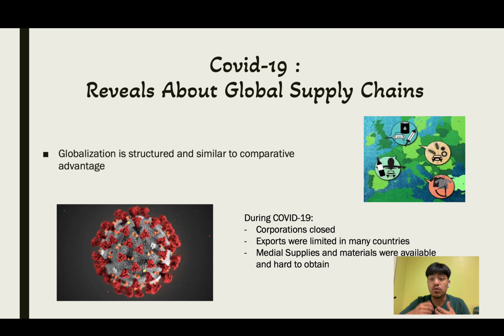Exports, like nutrition, clothing, and objects, were limited in many countries since it was a sickness and rarely anyone could go outside, since no one wanted to get sick, obviously. Medical supplies and materials were available but hard to obtain in many countries. An example would be the US and China. Since most products and resources come from China, the US depends mostly on them, but during the pandemic, it did not go so well.